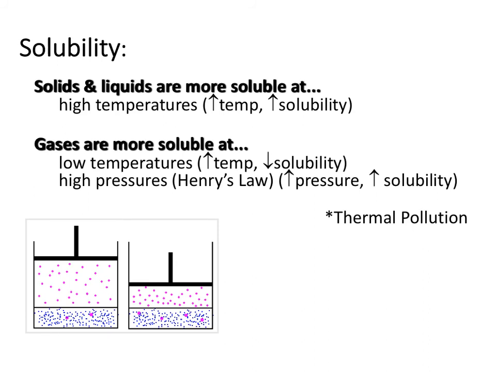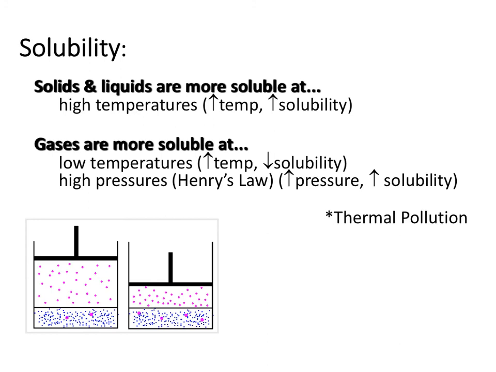We experience this intuitively when we make tea. If we make hot tea and iced tea, you can dissolve a whole bunch more sugar in hot tea than you can in a much larger quantity of iced tea. Why? Because that additional temperature allows those particles to distribute better in that hot tea.